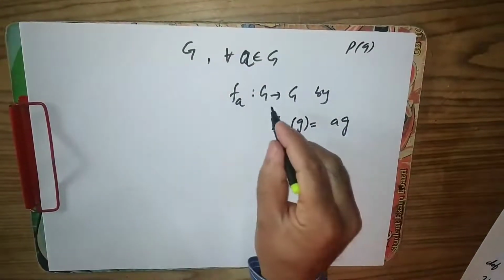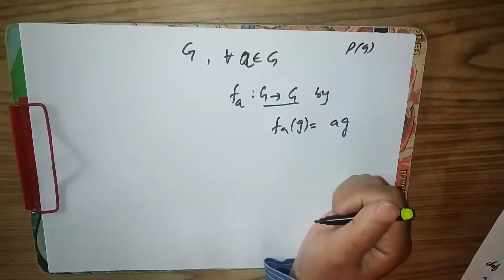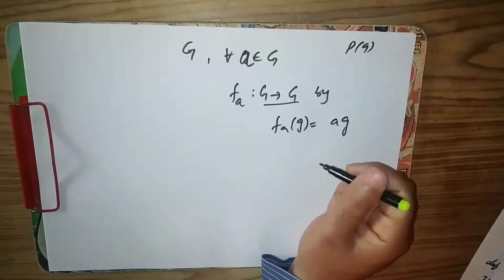And this map is a permutation, that we have already done.